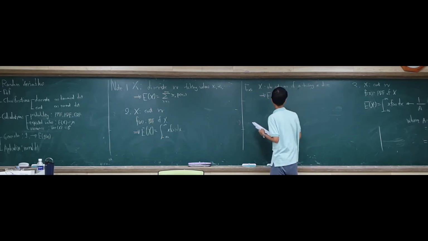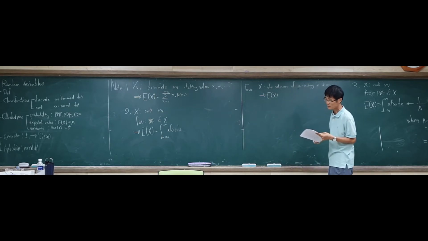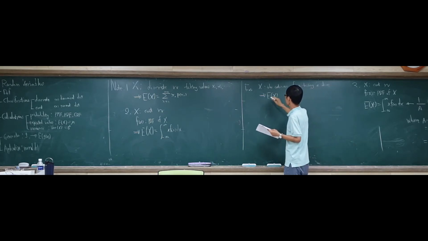If we toss a die, we get an outcome, and we want the expected value of x.